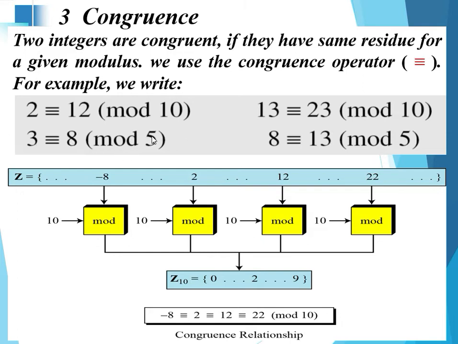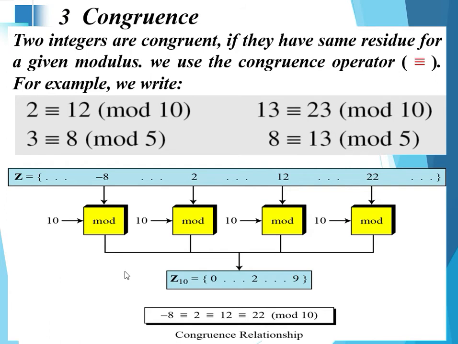In 3 mod 5, 5 zeros are 0, so the remainder is 3. Similarly, 13 mod 5: 5 into 2 is 10, the remainder is 3. We can say that 8 is congruent to 13 mod 5.